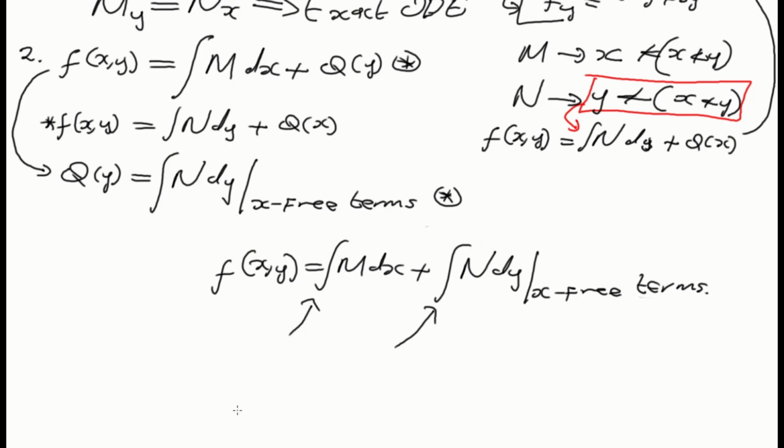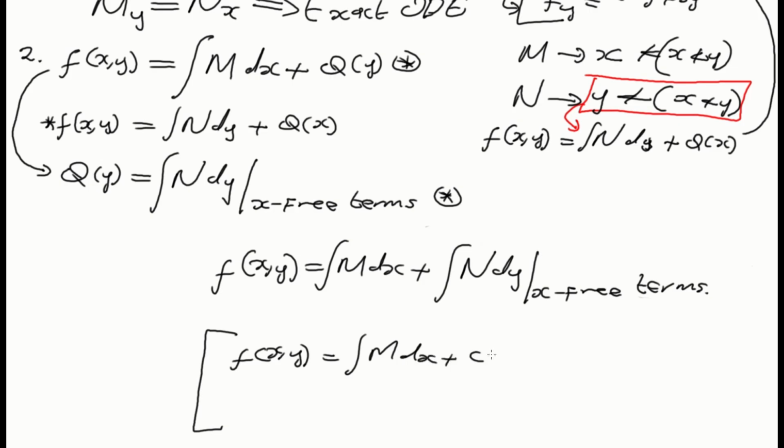In some cases, what you will find in other places is that they will say, let me put this in a square, f of xy is equal to m dx plus maybe qx like this. Then let's say, same, also f of xy is equal to n dy plus qy.